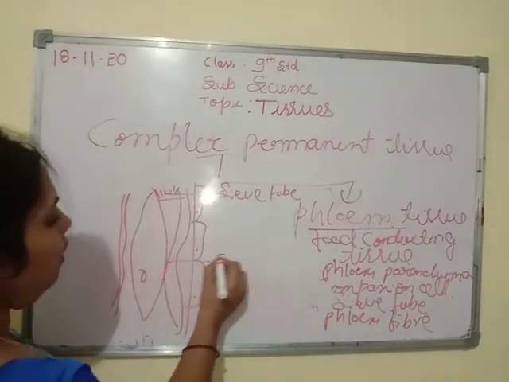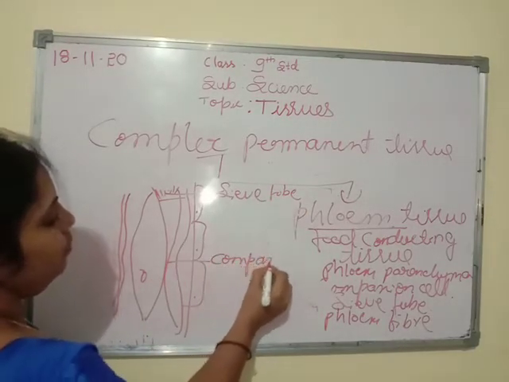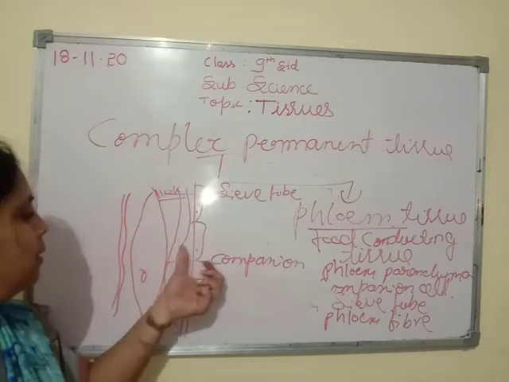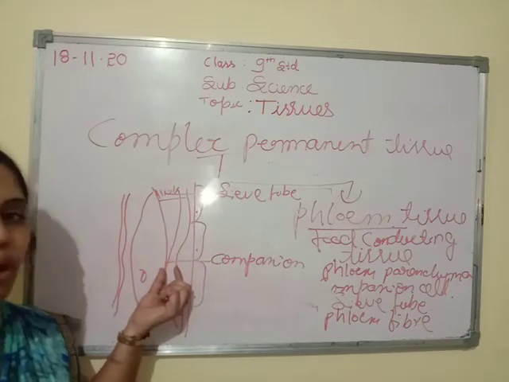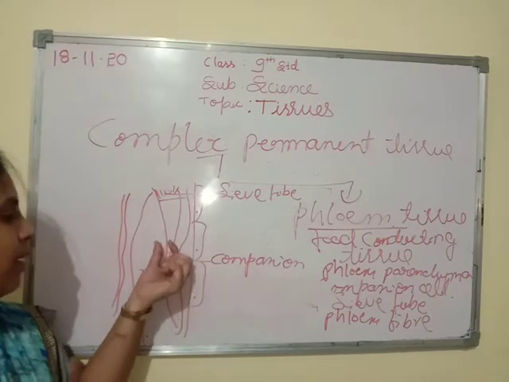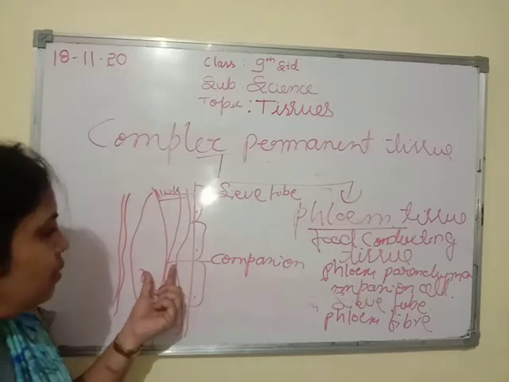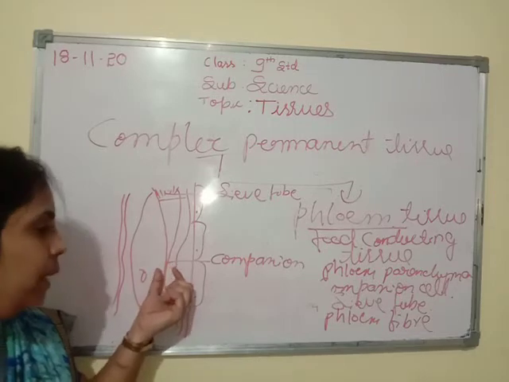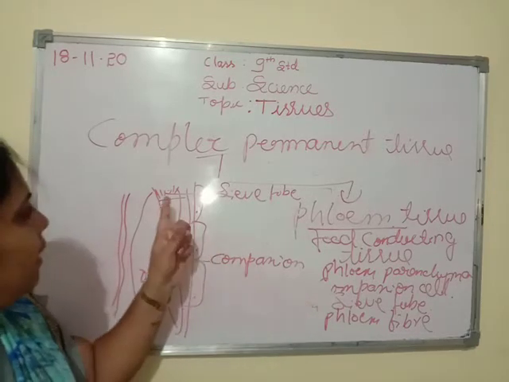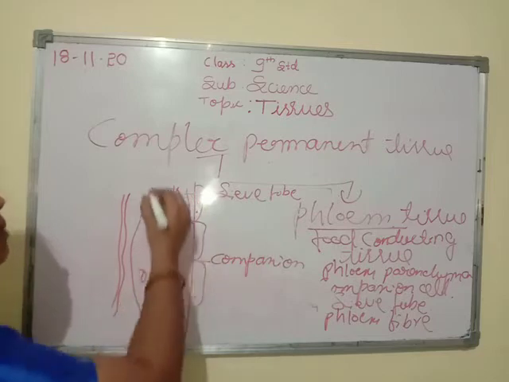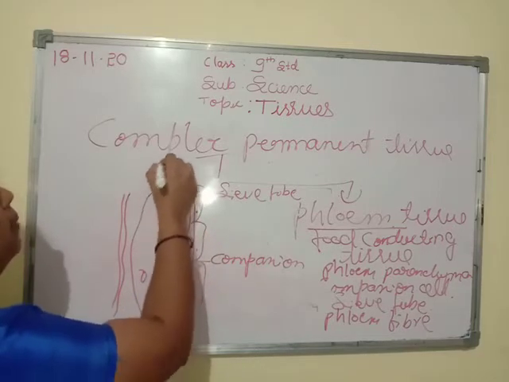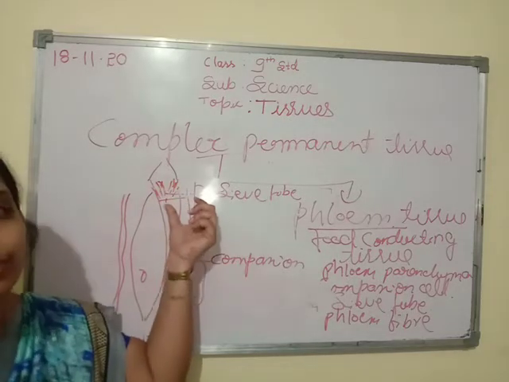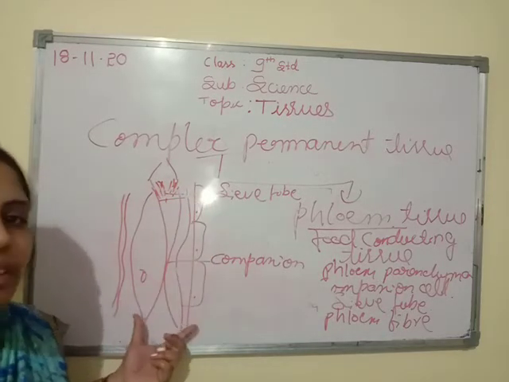And this is what? Companion cell. As the name says, companion means both cells together form one cell, so it is known as companion cell. Both the cells join together to form a companion cell. The next one is the sieve tube. What is meant by this? Sieve tube is nothing but that which helps in the filtration of food. What is the function of this tissue?